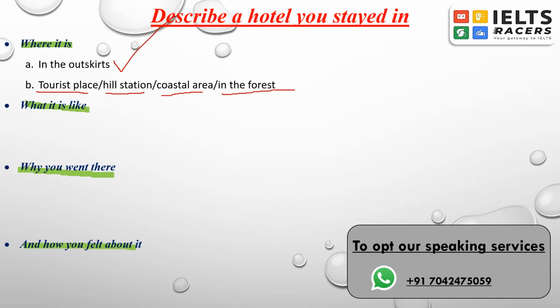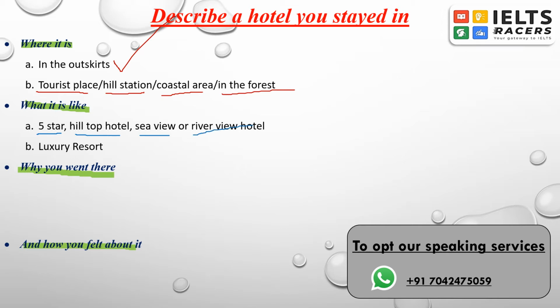Any place you can describe here. After that, what it is like: you can talk about the ratings. It's a 5-star, 3-star, or 7-star hotel, or you can mention it's a hilltop hotel, sea view hotel, or river view hotel, or a luxury resort.